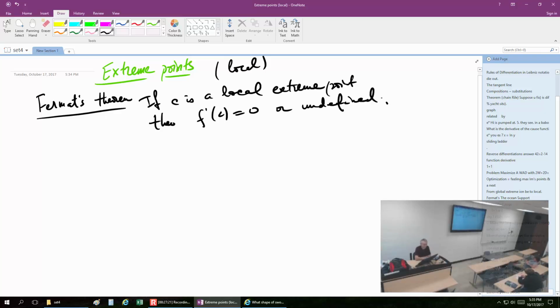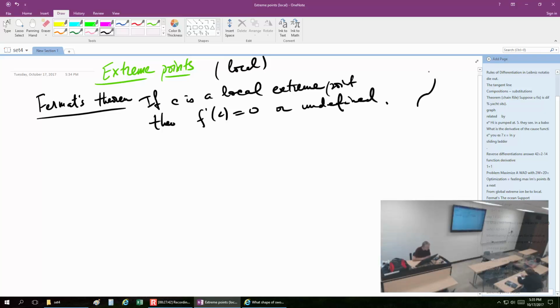That's pretty much it. We cannot anticipate differentiability, so it has to be checked. Okay, so it does not tell us vice versa. The fact that the derivative is equal to 0 does not mean that you have a minimum or maximum point.